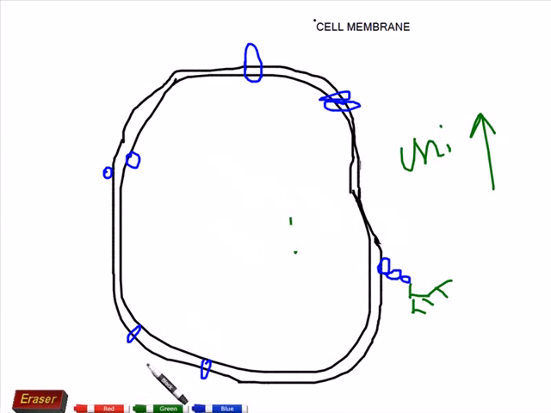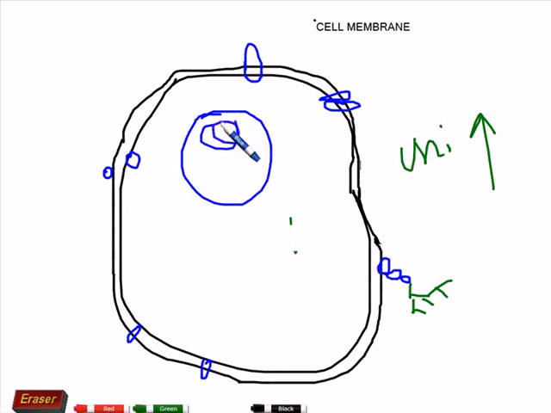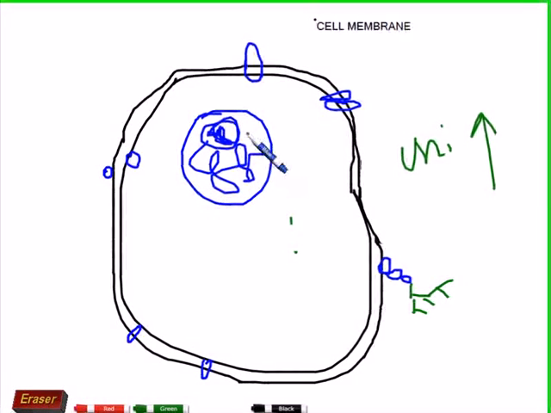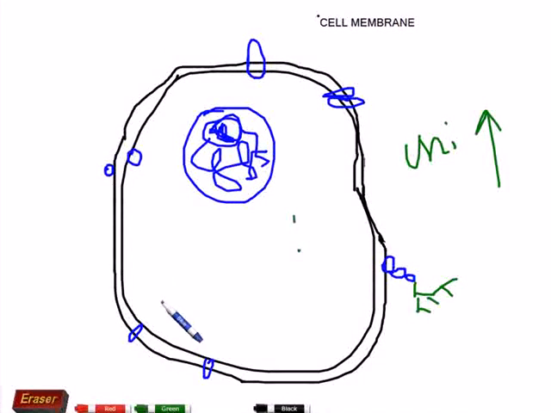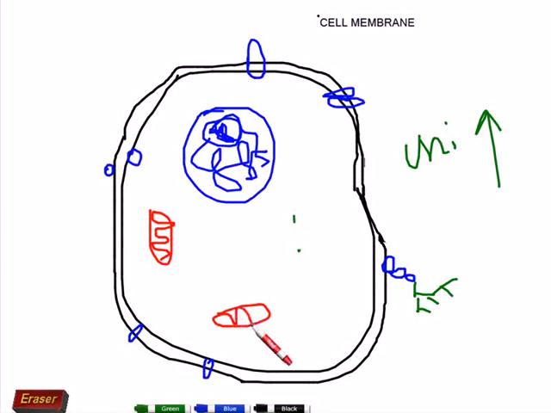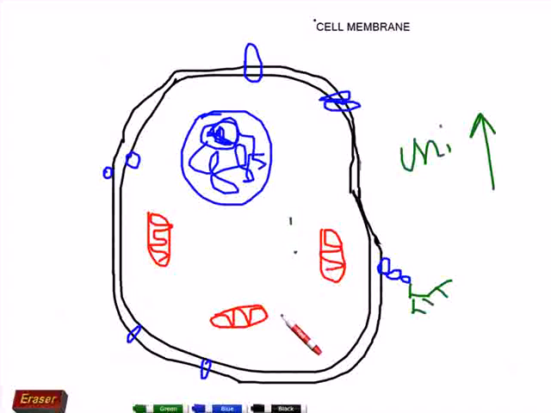in this internal portion. For instance, we have the nucleus. We have the nucleus here like this. We have mitochondria here. This, for example, is a mitochondria. Okay, then we have lysosomes here.